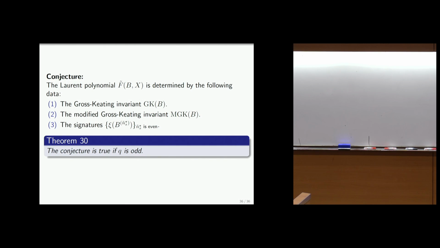We can show that this conjecture is true if q is odd. And if q is even, we almost proved the conjecture, but I have not checked the details, so I left it as a conjecture here.